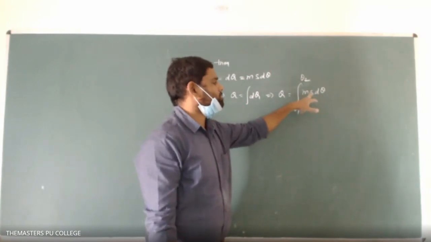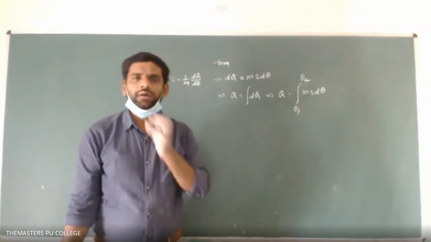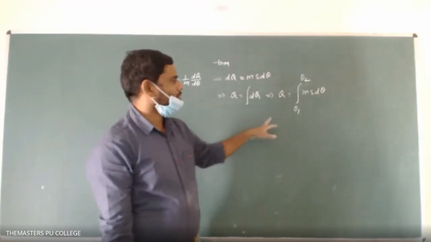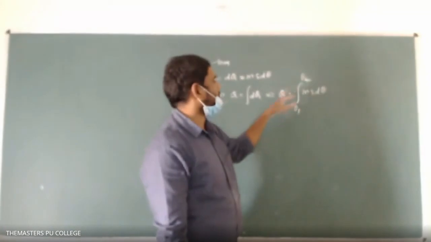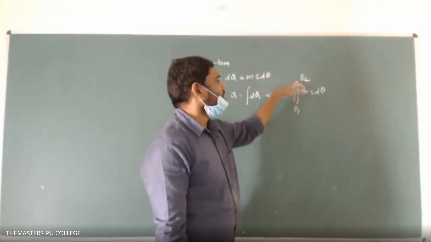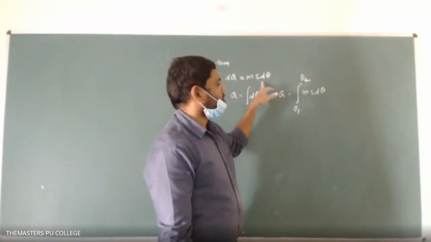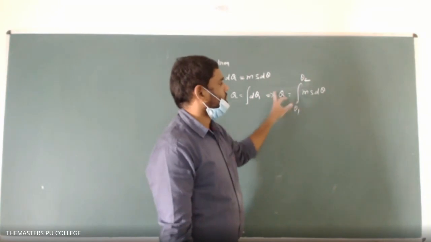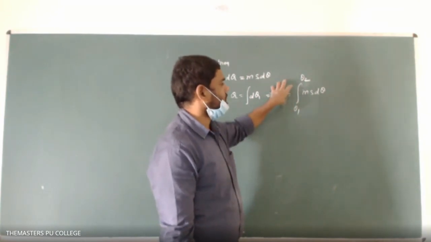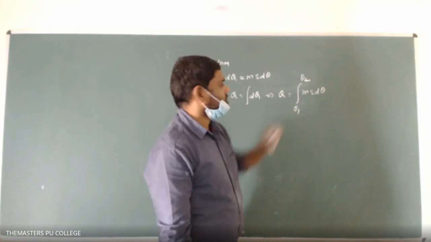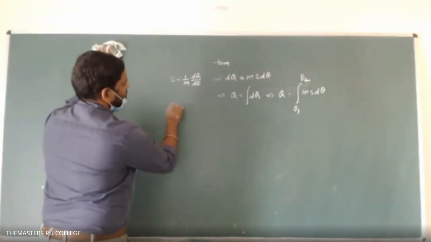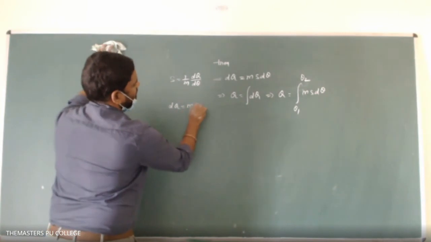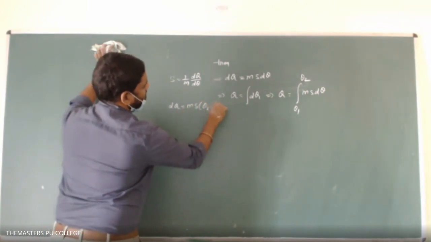A variable specific heat, for NEET level, mostly we won't have. In JEE we can notice this type of questions. If the specific heat is constant, no problem. If the specific heat is variable, the heat supplied can be calculated using this formula. If the specific heat is constant, earlier we wrote heat supplied dq equals ms (theta 2 minus theta 1).